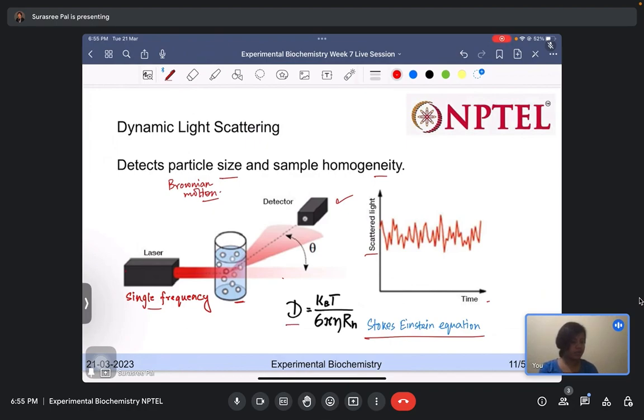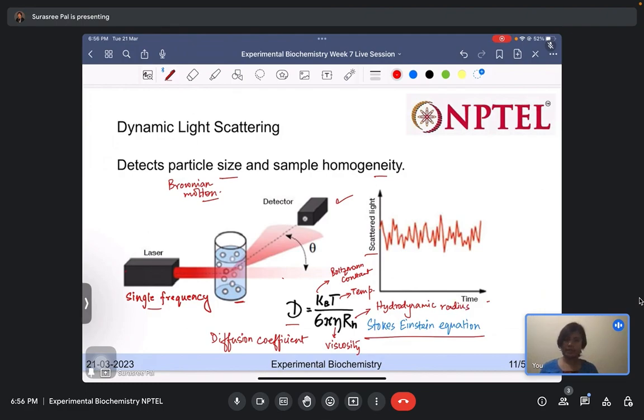By using this Stokes-Einstein equation, D stands for the diffusion coefficient of the sample, Kb is the Boltzmann constant, T is the temperature of the sample, eta is the viscosity, and RH is the hydrodynamic radius of the sample.